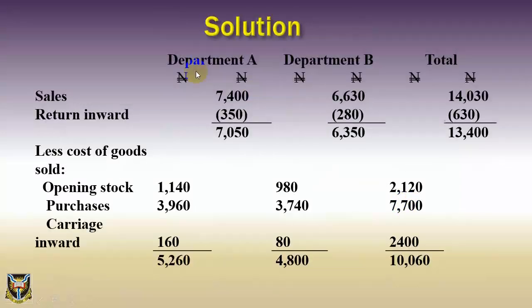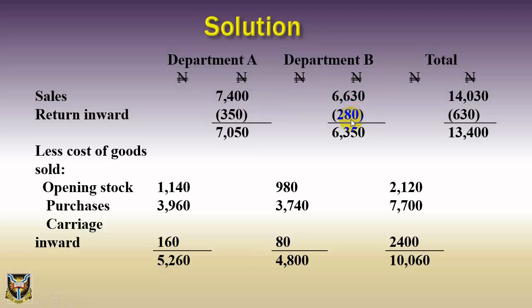Department A. Sales 7,400. Return inward 350, making 7,050 on deduction. Department B. Sales 6,630.